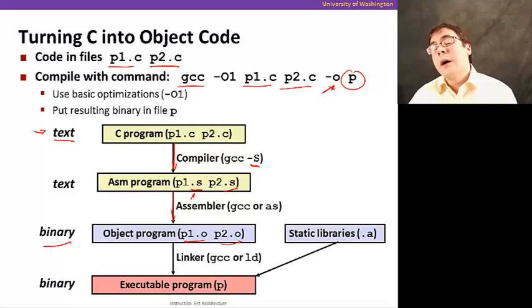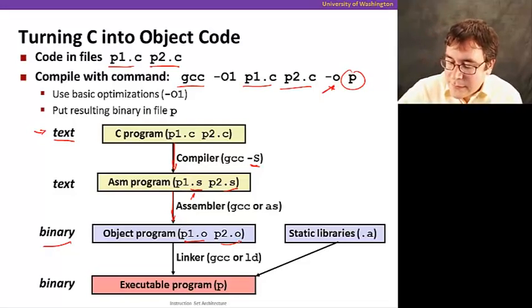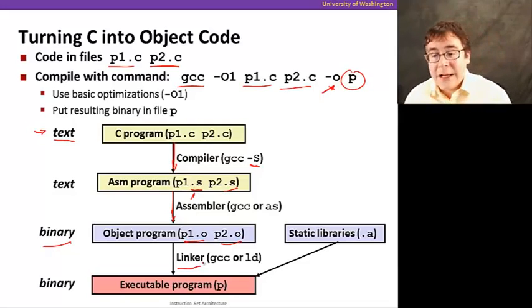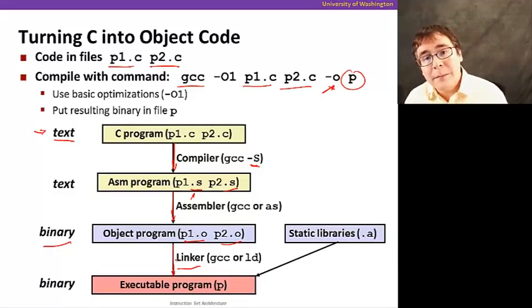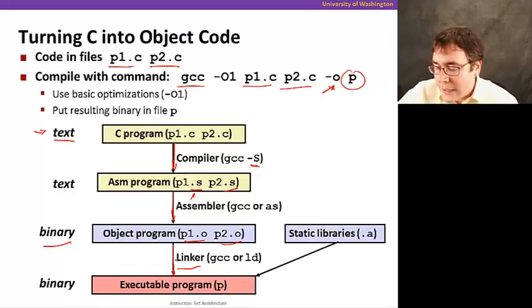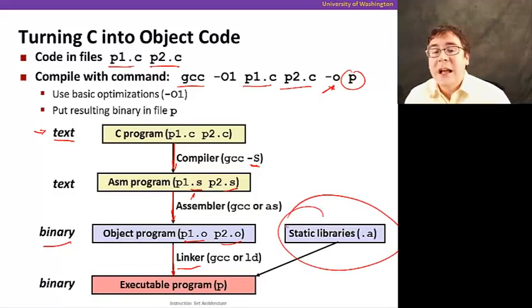Okay, and then the final step is something called the linker. What it does is it gets the object code that has some symbolic names in it and links it with libraries. And what are libraries? Libraries are essentially a collection of precompiled code that's available for use in user code. For example, things like printing values on the screen, accessing operating system services, and so on.